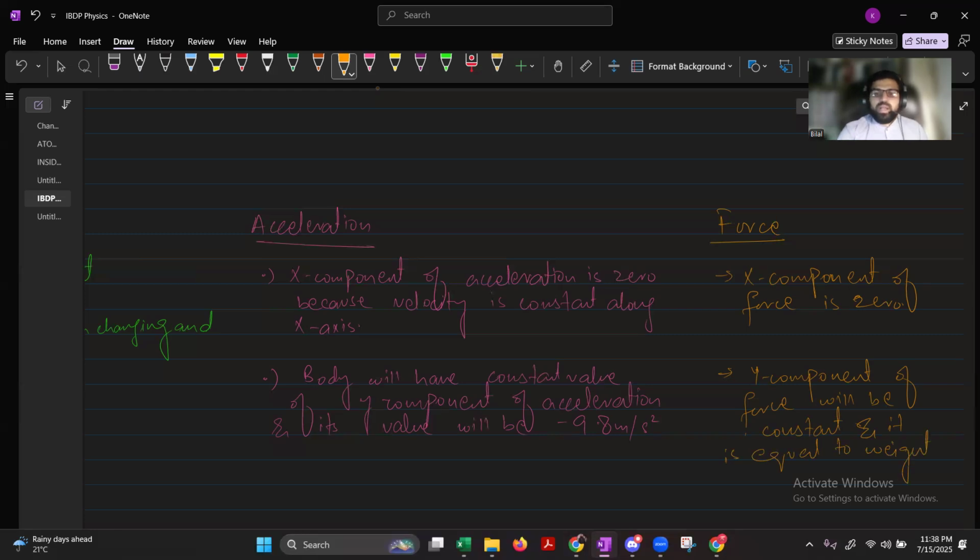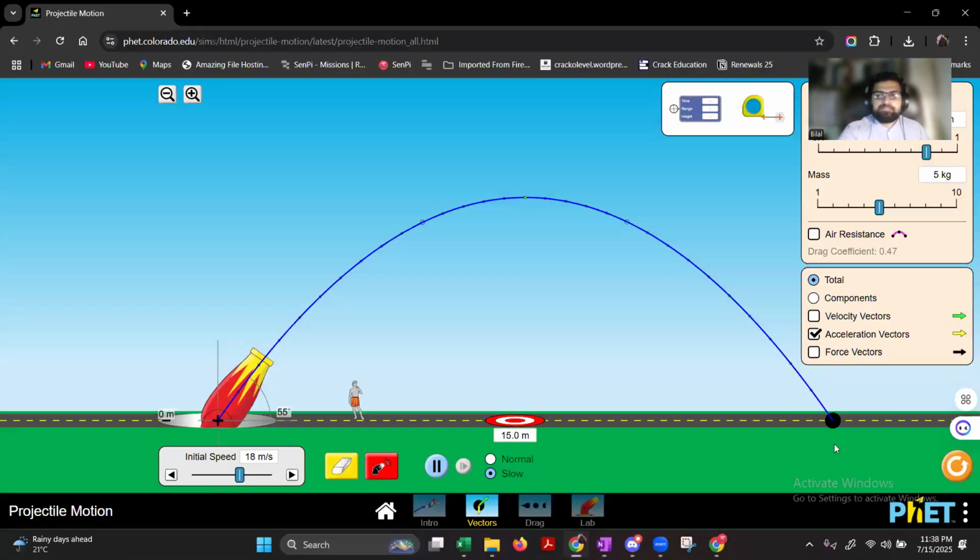Let's see how force will behave. So again, on the same pattern, you can see that there's a force of gravity acting in a downward direction, and the length of the arrow is constant. This shows that the net force acting on a projectile is constant. Okay. Any question, any issue in this analysis of velocity, acceleration, and force, you can ask.